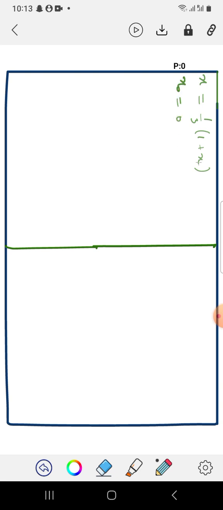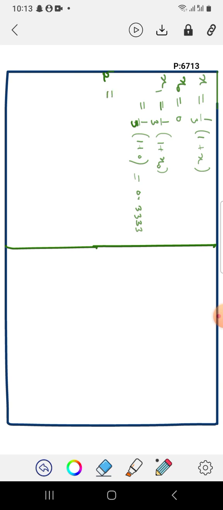So if x naught is equal to 0, then our iteration is going to be x1 equals 1 over 3 into 1 plus x naught, which is 1 over 3 of 1 plus 0, which is 0.3333. I always leave it at 4 dp. Actually, this green looks hideous, but we are stuck with it. All right, so now you have found x1. Let's find x2.